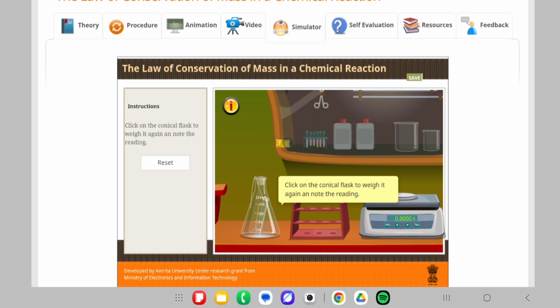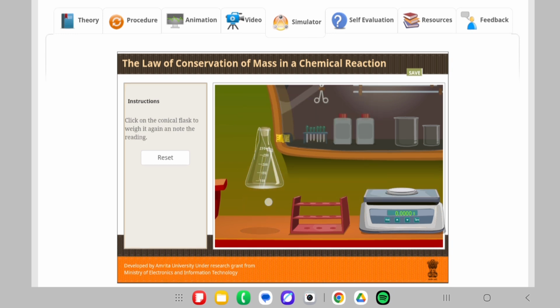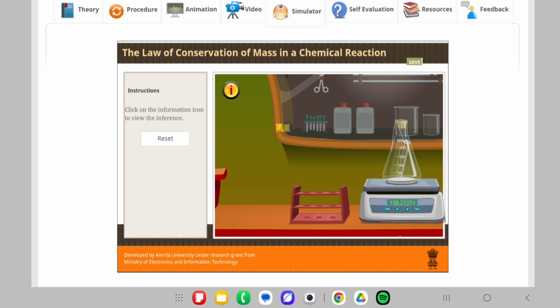Then you have to once again take it and weigh. As you can see, the weight earlier without mixing was 150.2137 grams, and now after mixing it is once again the same.